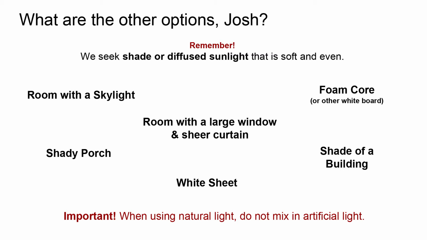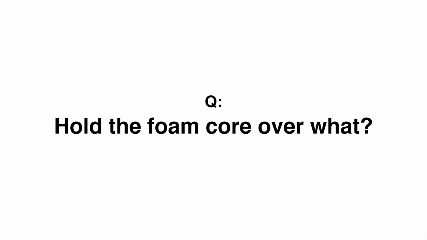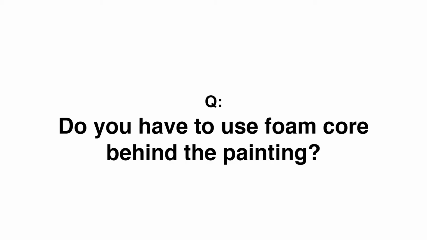A piece of white foam core works really good, or another whiteboard. Choose white. Don't go with something like red because you might be tinting your board. But if you can't find shade, get a big piece of foam core, have someone hold it over it, and then take the picture. Hold it over what? The art. Oh, the art. Yeah, it doesn't matter if your camera's in the sun. No, it's not that you're putting the art against the foam core.